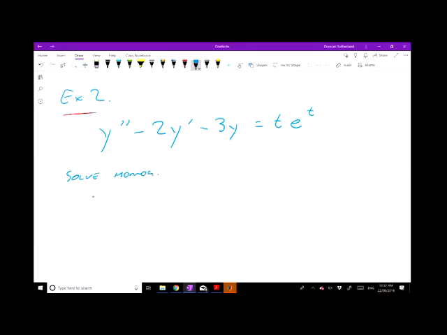So let's solve the homogeneous problem. Okay, so again, doing this fairly quickly now, just going straight to the characteristic equation and then going straight to the roots of that characteristic equation.